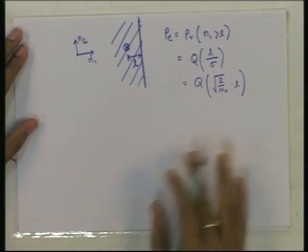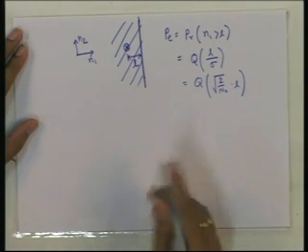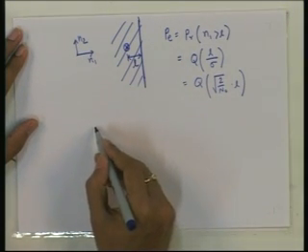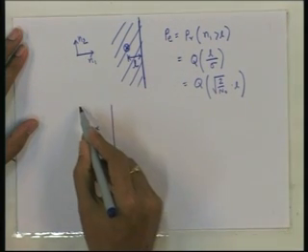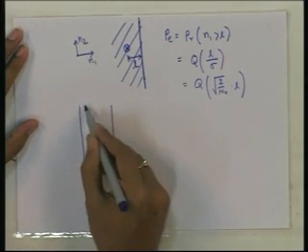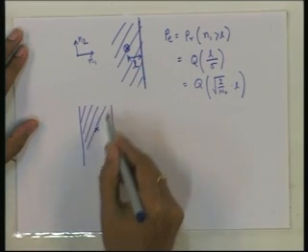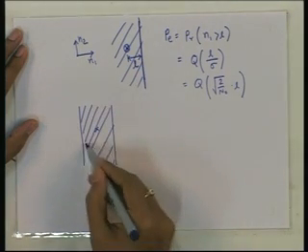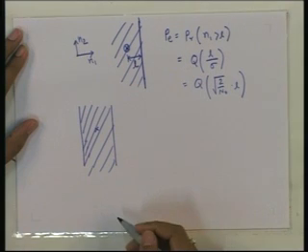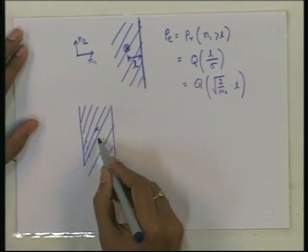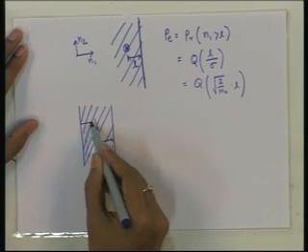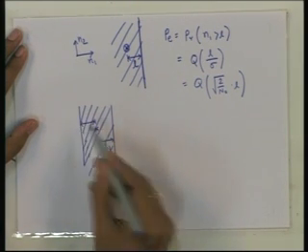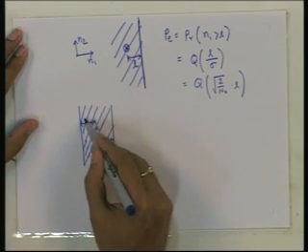Now, let us consider another type of decision region. This is a strip. So, on either side, suppose this distance is L1 and the distance of the point from the decision boundary on the left is L2.